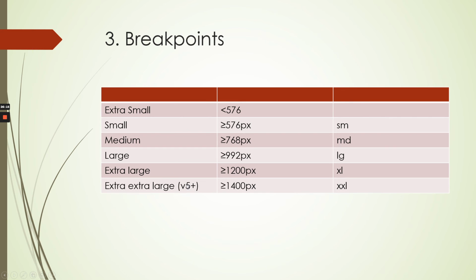But in version 5 they have introduced a new breakpoint, that is if you want to target some screen which is more than 1400 pixel, then you can use this set of styles, and there is a code for each breakpoint. For small it is SM, for medium it is MD, for large LG, extra large means XL, and double extra large means XXL.